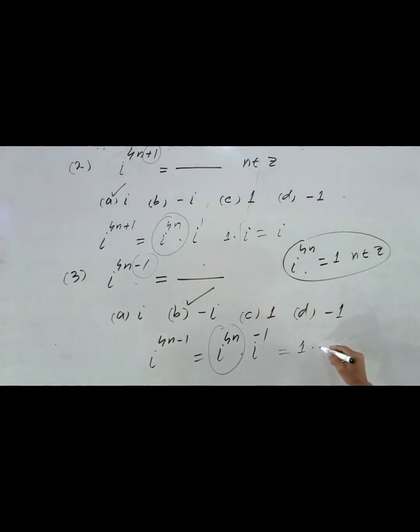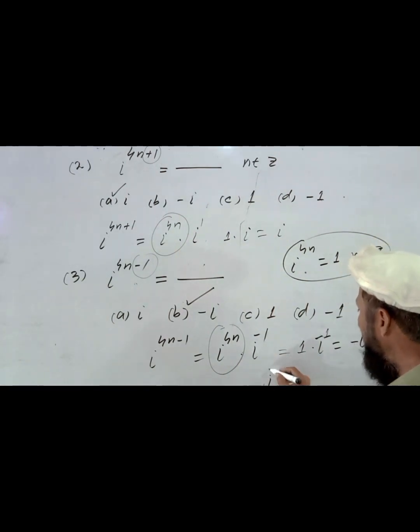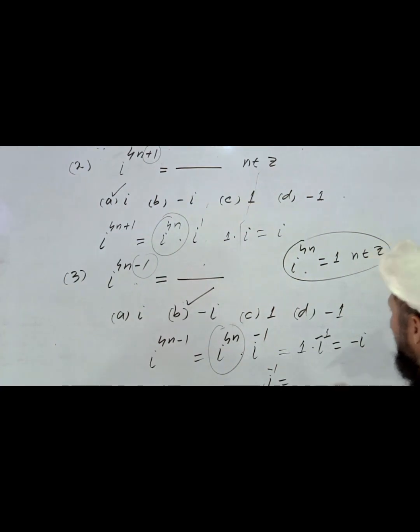So here iota power minus 1 is remaining, and the result is minus iota. If we find minus iota power minus 1, the result will be equal to 1 divided by iota. We can write iota multiplied by iota square, so the result is iota minus 1 and we get minus iota.